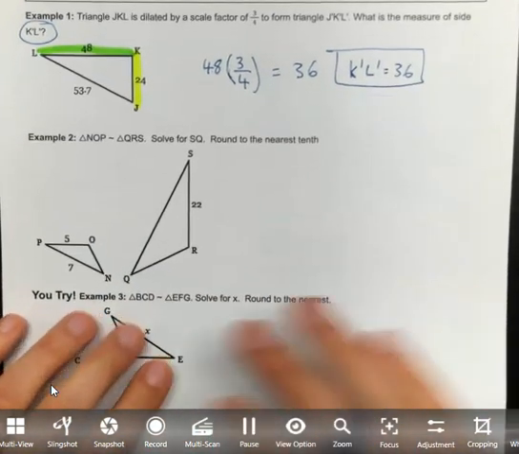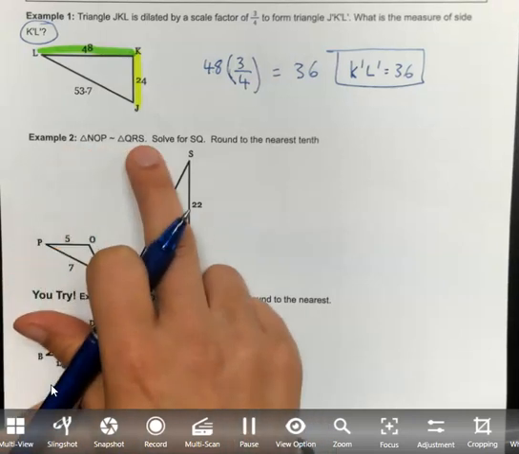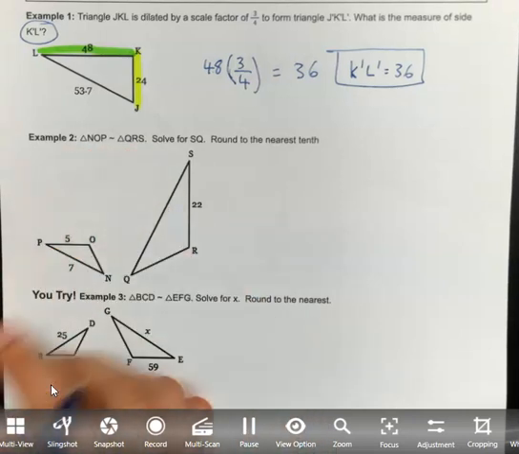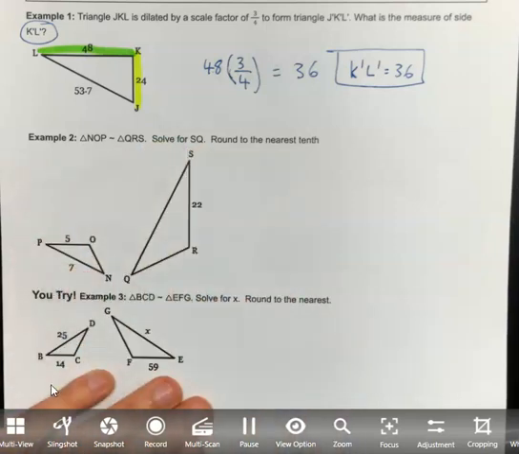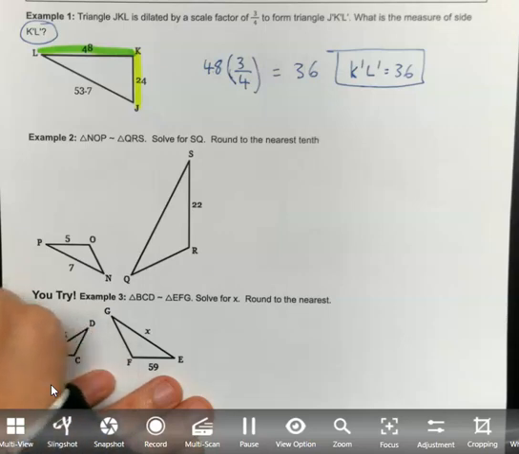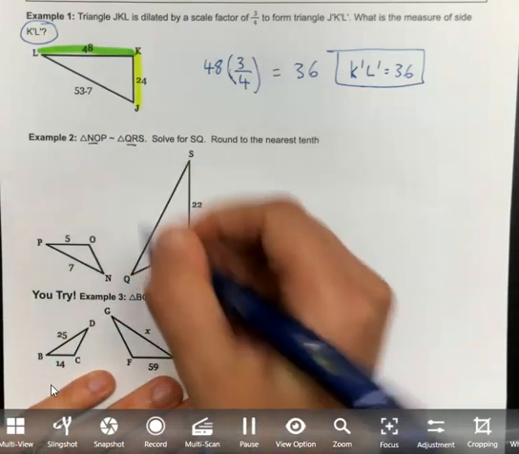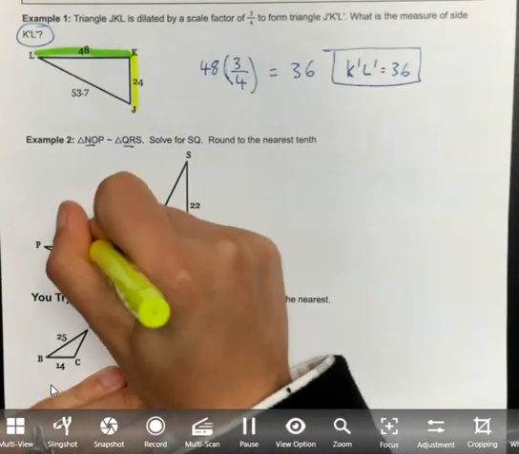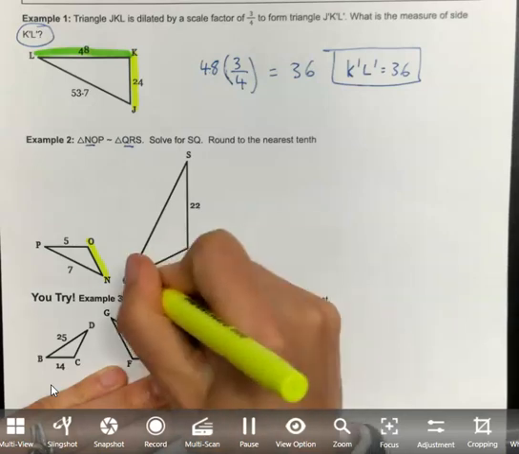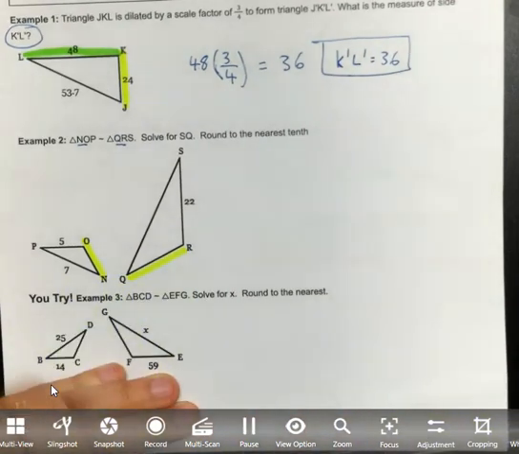All right, moving on. Triangle NOP is similar to triangle QRS. First we have to figure out how these triangles match up to each other. Notice that NO goes with QR. There's nothing on both of those, so that doesn't help me.